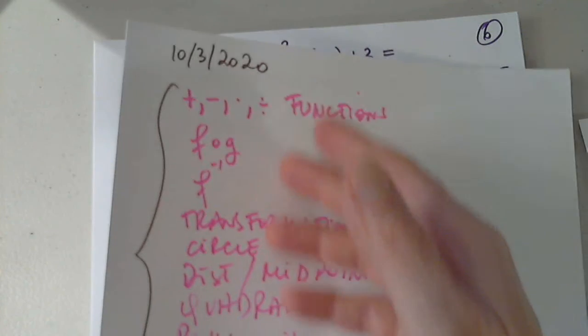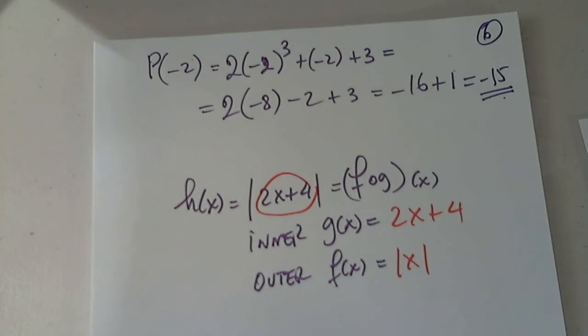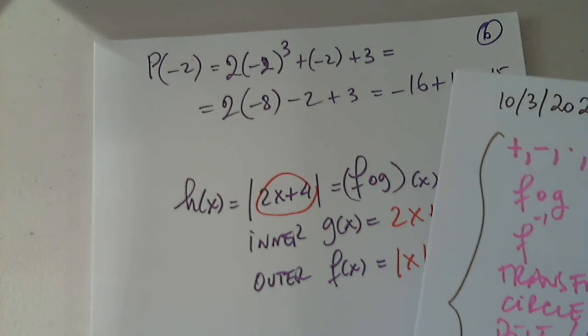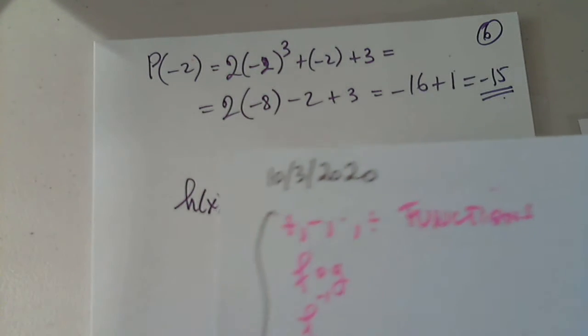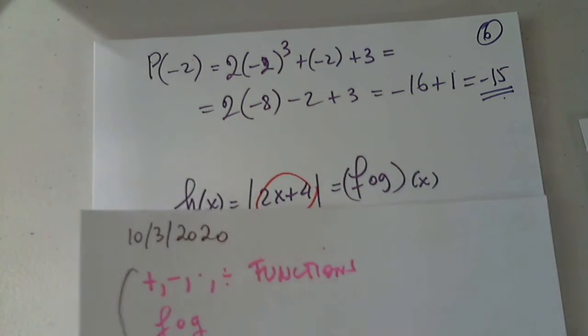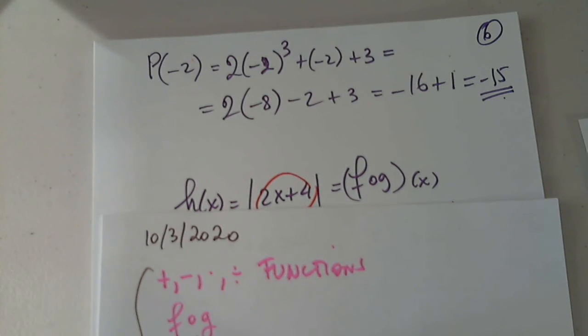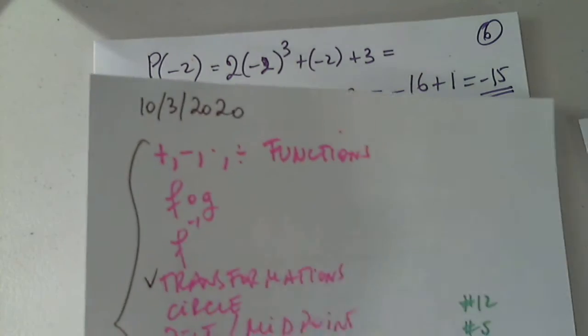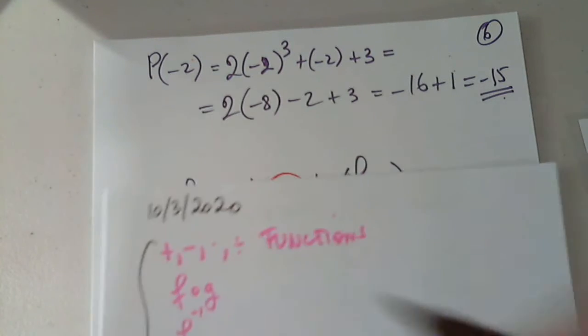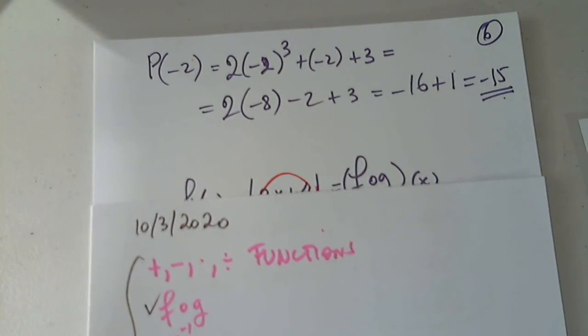Maybe you would like to choose a topic from here. Maybe a circle. We use transformation, so we looked at the problem with transformations. We looked at the problem with the long division. We looked at the problem with f comma g.